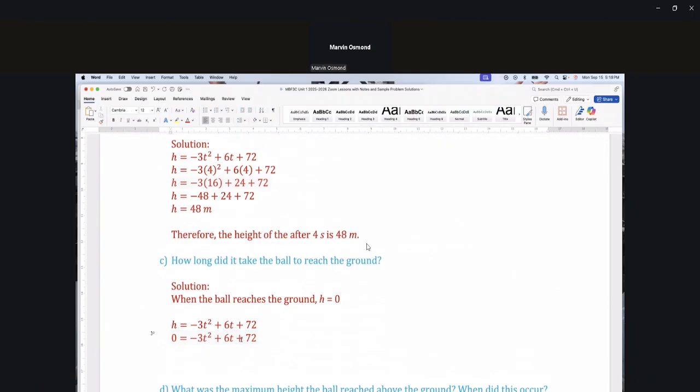We have to solve this by factoring. So now we're not going to common factor, we're going to factor the trinomial.